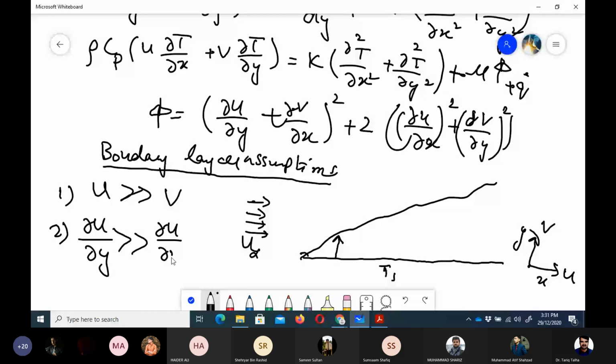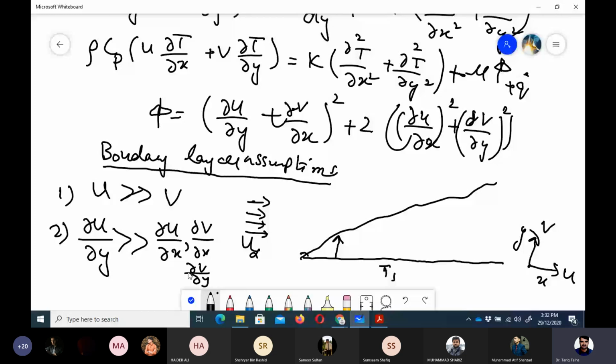And since, from the first assumption, v, the wall normal velocity, is far less than the u velocity, we can also say that partial u by partial y is far greater than partial v by partial x and partial v by partial y.